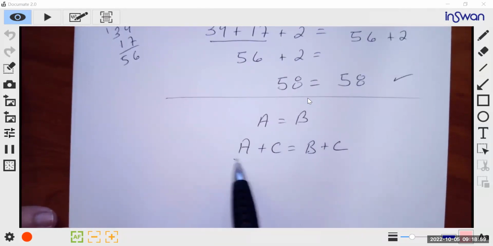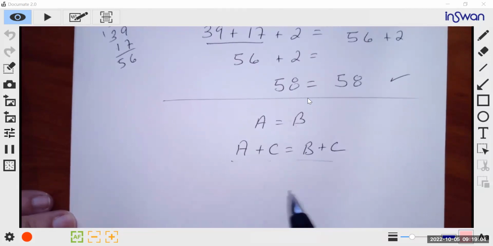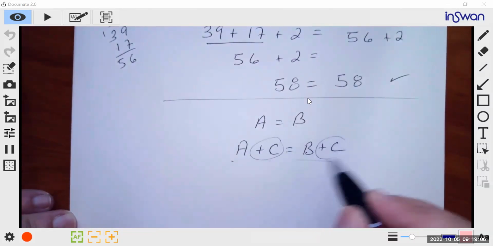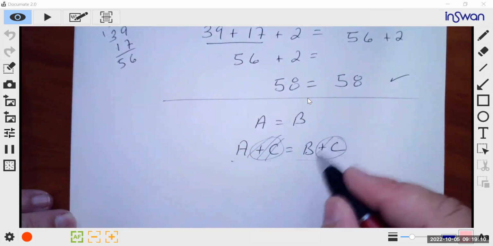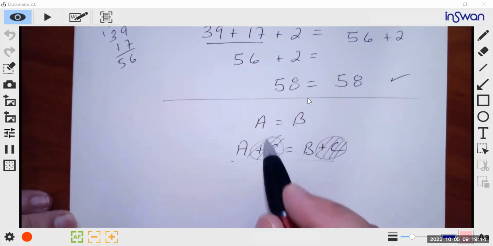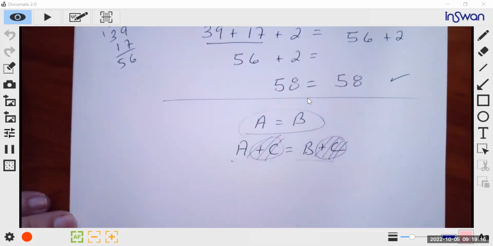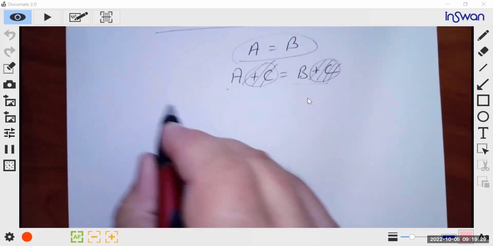So if I have an equation, and on both sides I have the exact same thing, I can get rid of it. If I get rid of the same thing on both sides, I still keep equality. True or false? If I get rid of the same thing on both sides, I haven't changed it. I just changed the way it looks. It's still equal. Let's look at our equation.